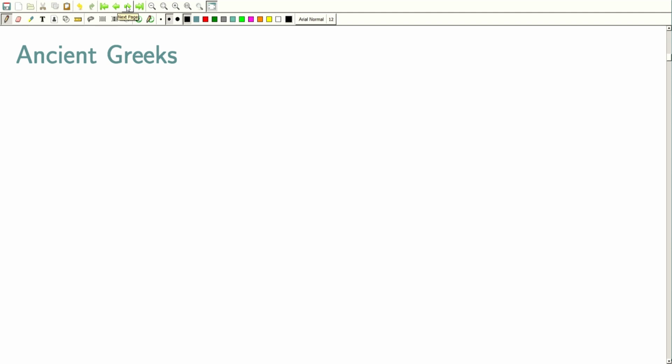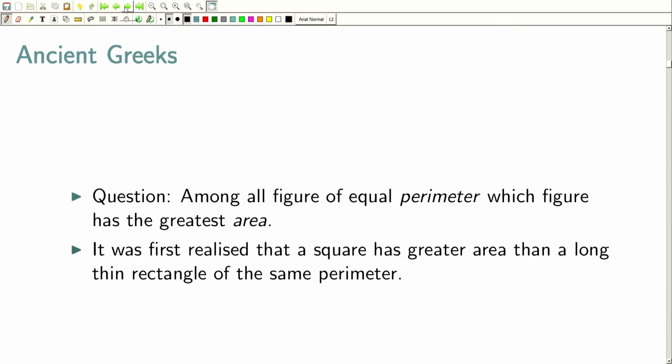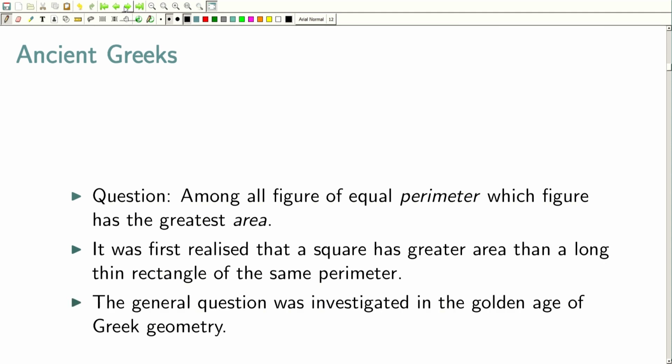Okay, so, let us see some systematic development of this problem. The question: among all the figures of equal perimeter, which figure has the greatest area? That is our problem. Now, it was first realized that a square has greater area than a long thin rectangle of the same perimeter. That is what we had already seen in our school days.